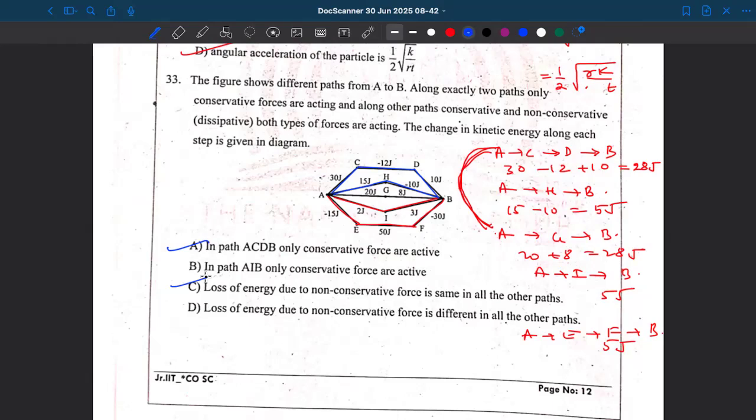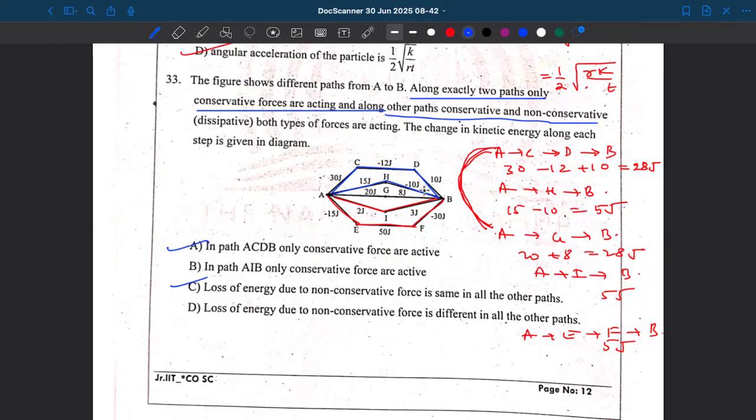The figure shows different paths from A to B. Okay, my point is very clear. If I am accepting A, along two paths only conservative forces are acting, and along other paths, conservative and non-conservative, both types of force are acting. Now, for example, if I have chosen this path, the reverse path must also be conservative.